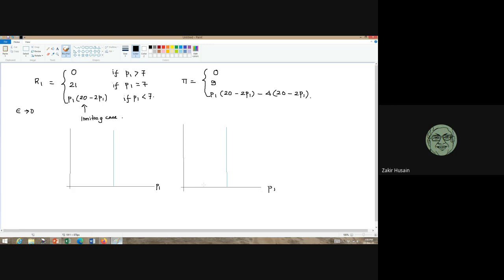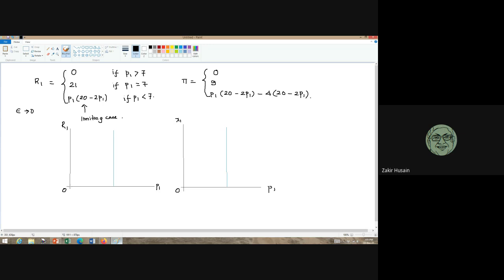So this is P1 and this is Y1, this is R1. So if price is 0, obviously he will not be getting any revenue.